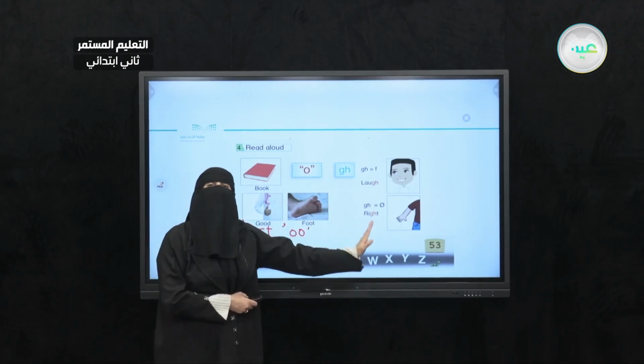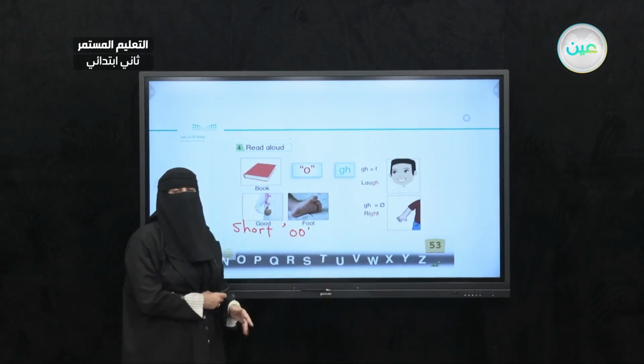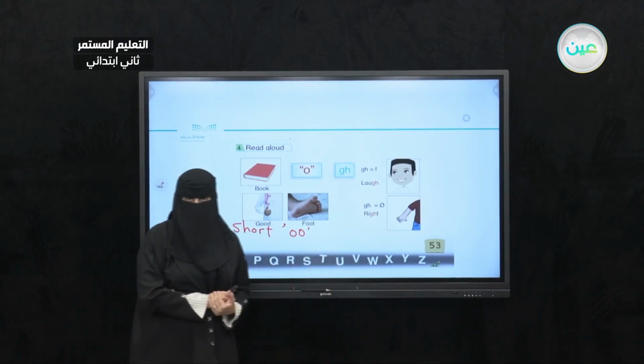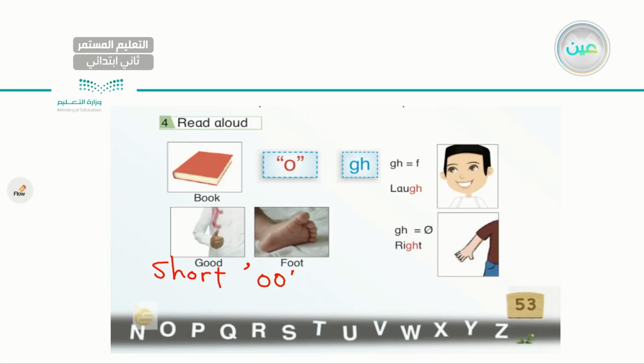So I did not pronounce the two letters. Right, fight, tight. So all these are considered to be silent letters. So here I have G and H. They could be F, they could be G, or they could have a silent sound.